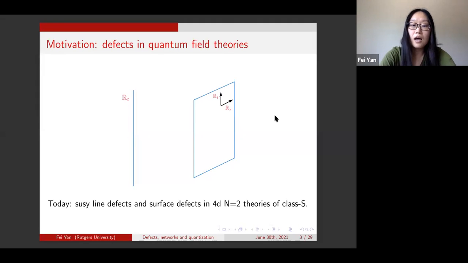However, today I will describe another kind of situation in a huge class of theories, which by now are probably a little bit old, called 4D N=2 theories of class S. And in particular, we're considering supersymmetric line defects and surface defects in class S theories.